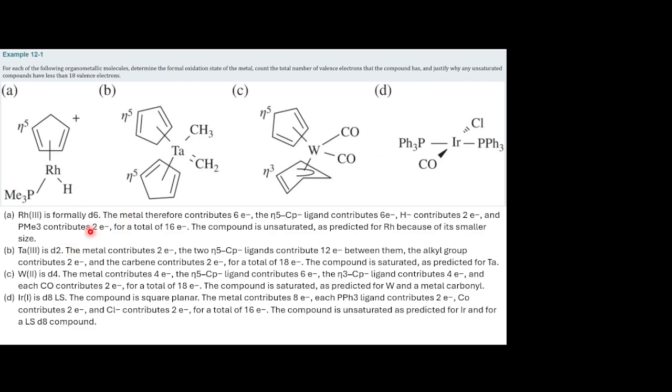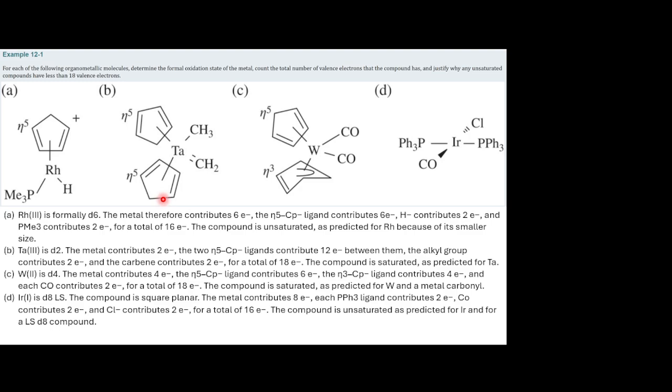Okay, so let's try the next one, Ta. So this is going to be a 3 plus charge for the Ta here. This is going to give us a 2. So the metal is going to give you 2 electrons then, because after we do a 3 plus, 3 electrons lost, Ta is going to go down to 2. And then the hapticity for the Cp here, these ones, that's 5 each.